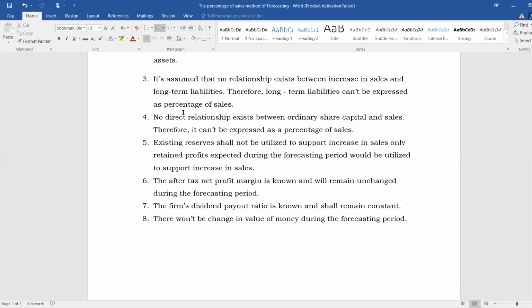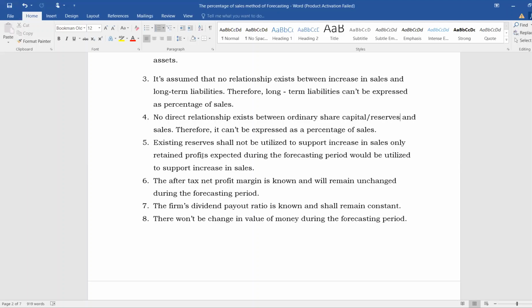It's assumed that no direct relation exists between ordinary share capital, stock reserves, and sales. And therefore, ordinary share capital and reserves shall not be expressed as percentage of sales.